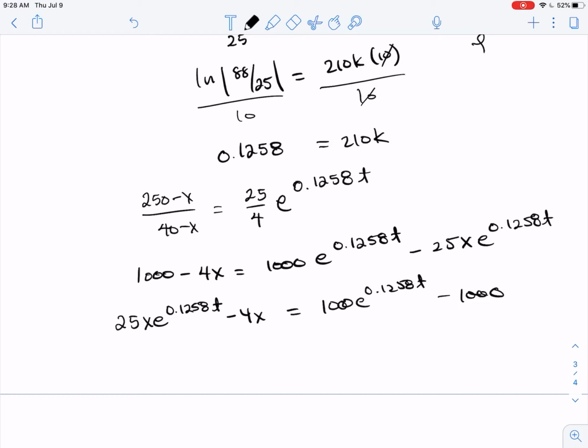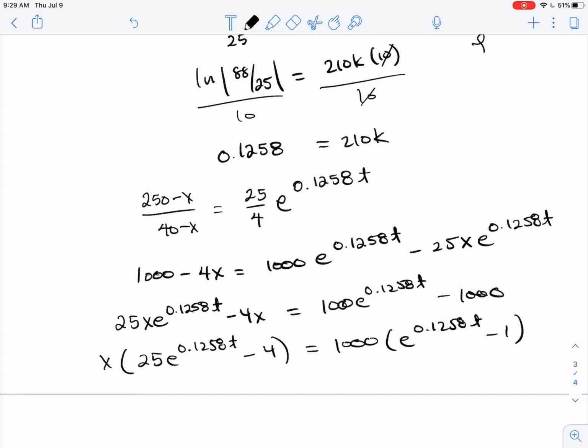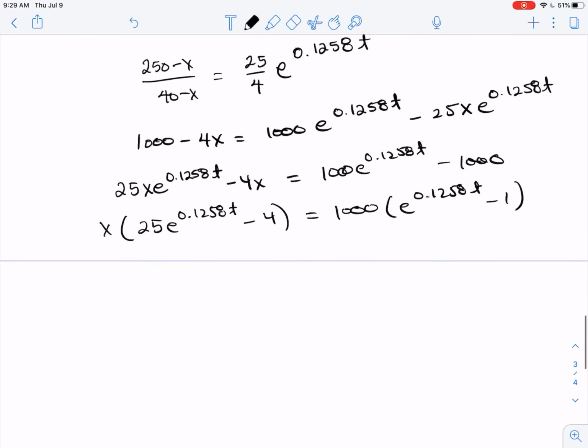Okay, factor out the x. I'm going to factor out this 1,000 just so I don't have to write it over and over again. And then divide.